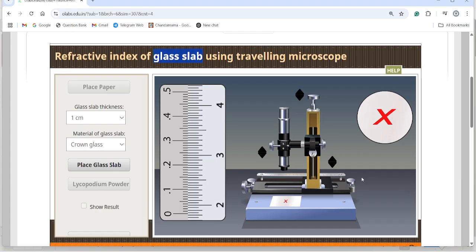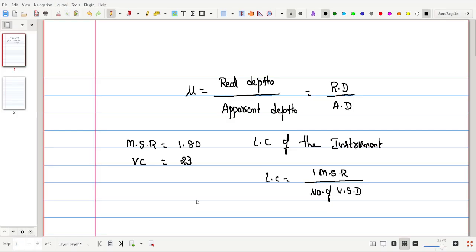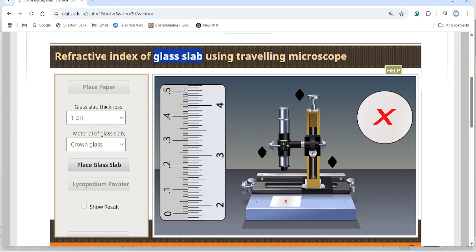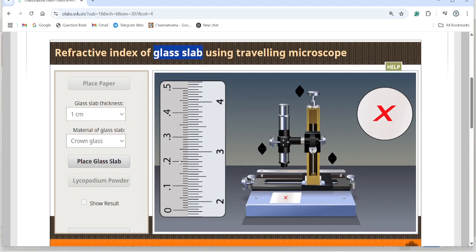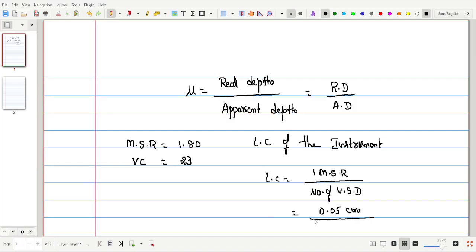What is one main scale reading? 2, next reading is 2.05, next reading is 2.1. That means every one reading is 0.05 centimeter. It is divided by the number of vernier scale divisions. How many? 50. Look here: 10, 20, 30, 40, 50. Understood? So it is 50.